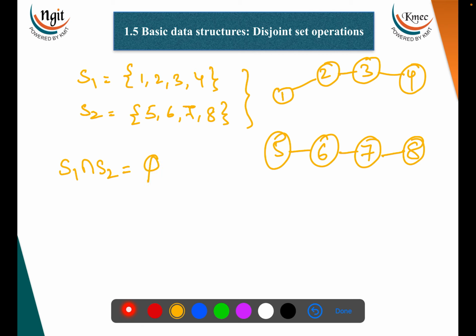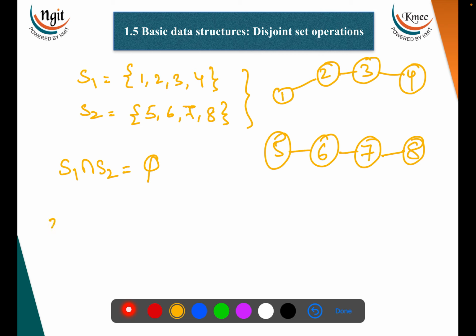There should not be any common element. That is called a disjoint set. Find out S1 intersection S2. If you have any common element, then those sets do not belong to disjoint sets. Now look at S1 and S2. Are these two sets disjoint? Yes. Why? Because S1 intersection S2 is equal to phi.